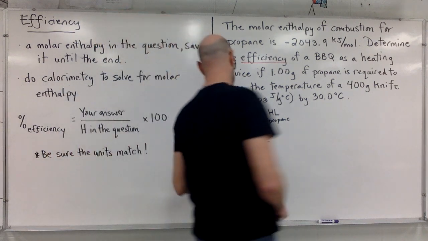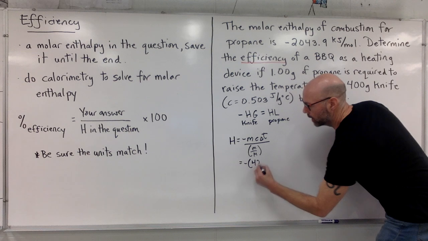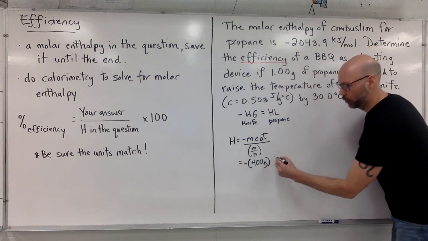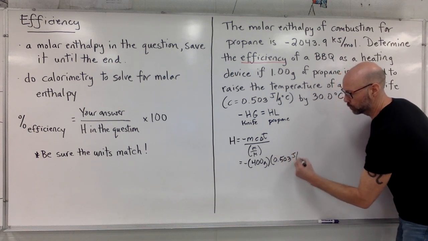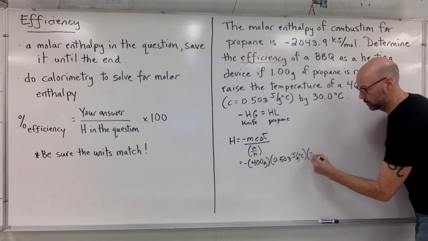Let's put that in. Negative 400 gram knife, specific heat capacity 0.503 joules per gram degrees Celsius, and the temperature change was 30 degrees Celsius.